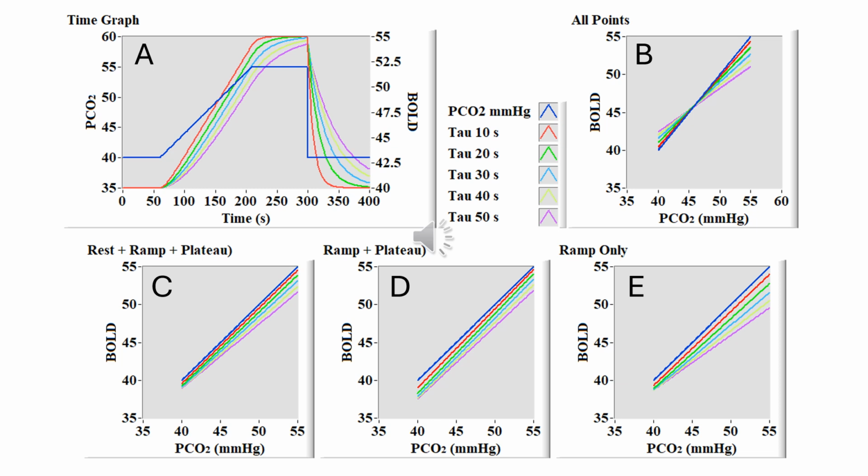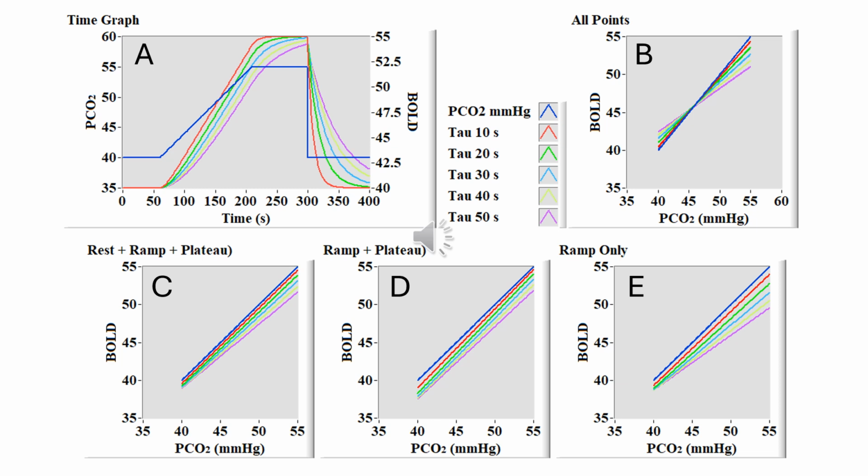The CO2 stimulus is a 15 millimeter mercury ramp change in PCO2 from a resting value of 40 millimeters of mercury to 55 millimeters of mercury, shown as a dark blue line. And the response graphs B, C, D, and E plot the fitted regression lines of bold versus CO2 response and demonstrate that the CVR differs depending on the portion of the time graph chosen to fit.